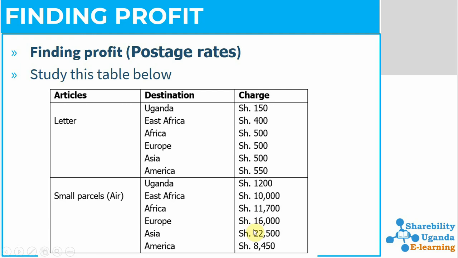Asia, that is 22,500. America, that is 8,450. So we can now understand that someone writing an article from Uganda maybe to another destination is charged this amount. Maybe from Europe to another destination, he's charged another charge. We can also have these parcels.